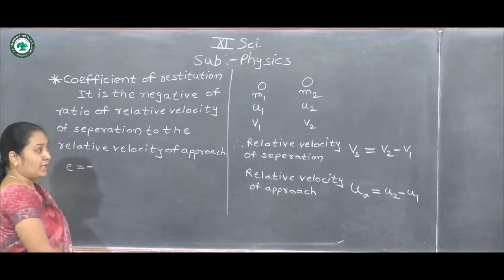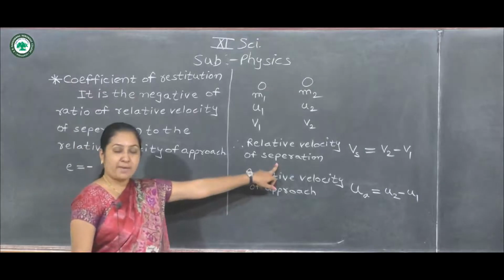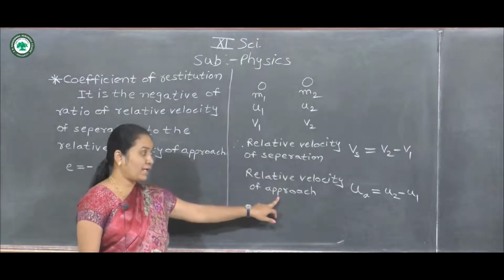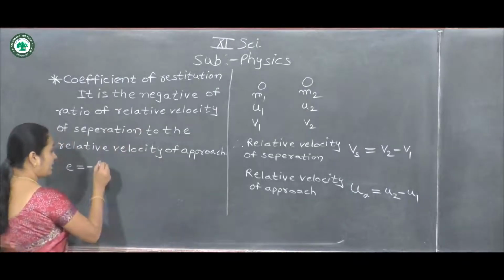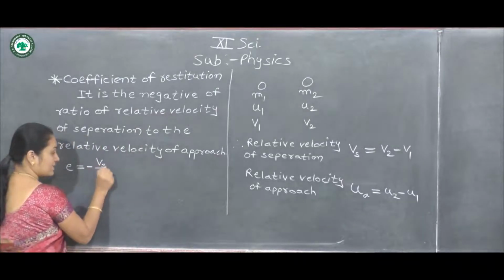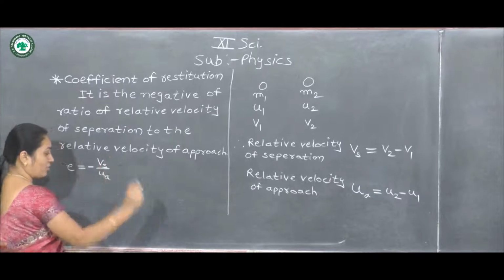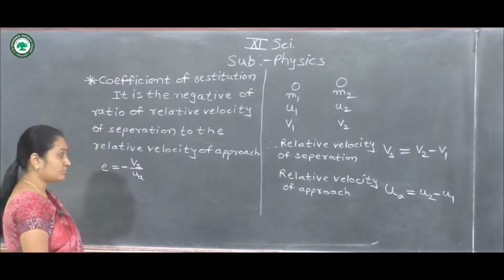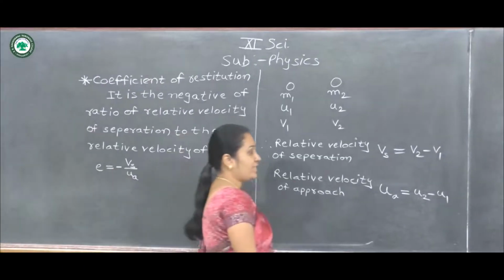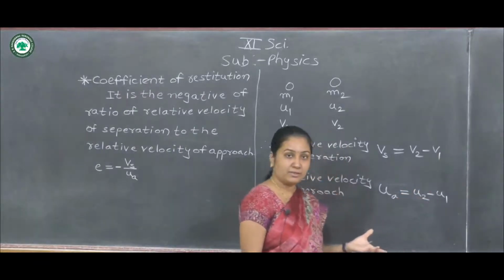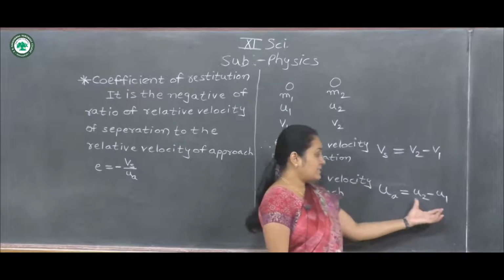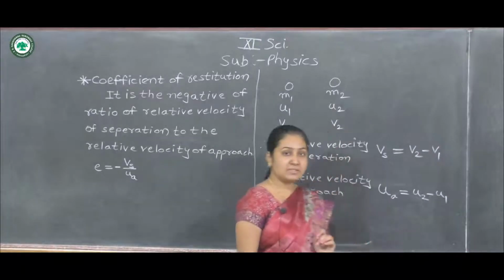Now by considering the definition of the coefficient of restitution, we can write e is equal to minus relative velocity of separation divided by relative velocity of approach, that is, Vs upon Ua. Now Vs is V2 minus V1 and Ua is U2 minus U1.